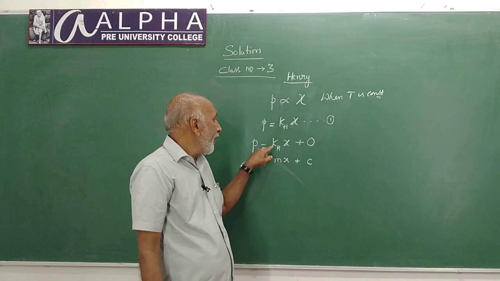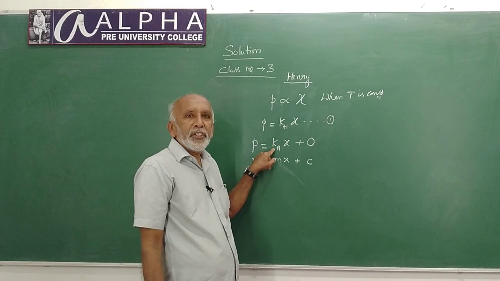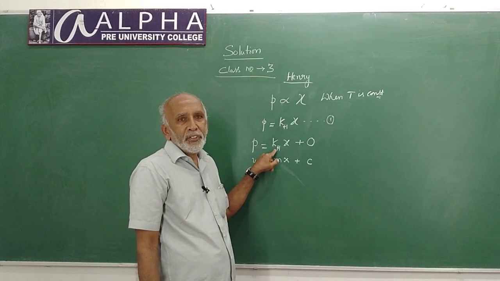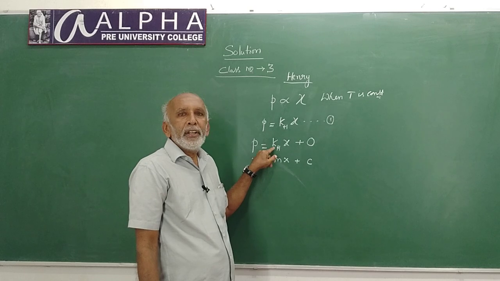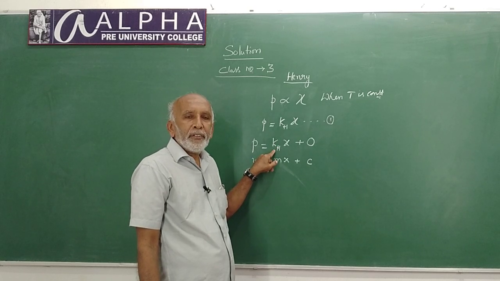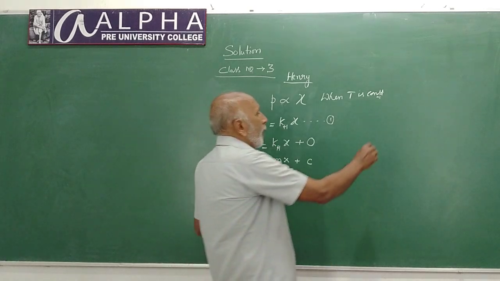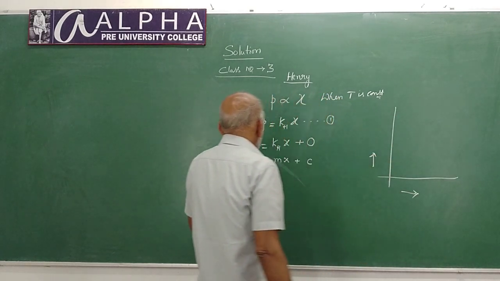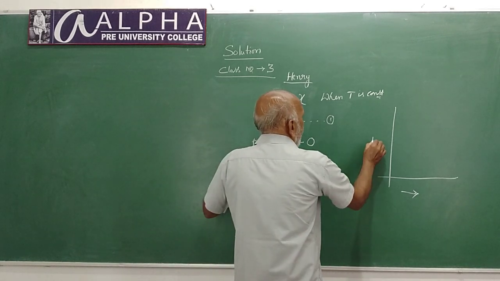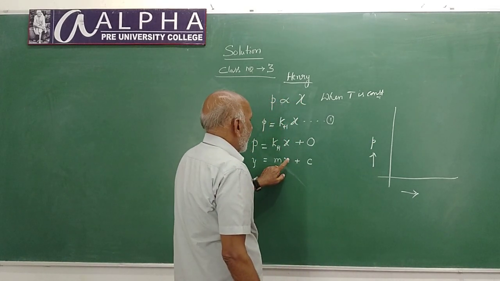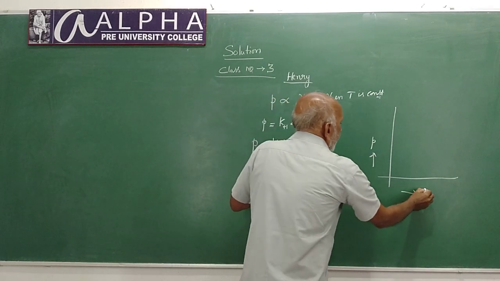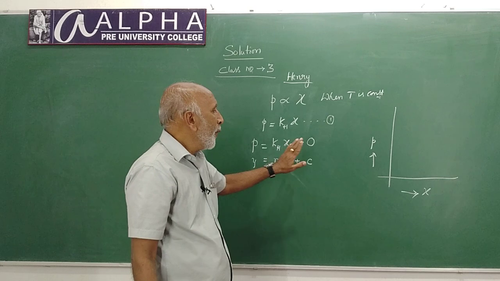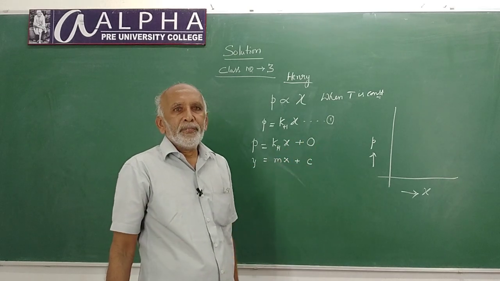This shows that Henry's equation is also in the form of a straight line equation. So, the plot of y, which is P, against x, which is nothing but chi, the mole fraction of dissolved gas in the solution, must be a straight line.